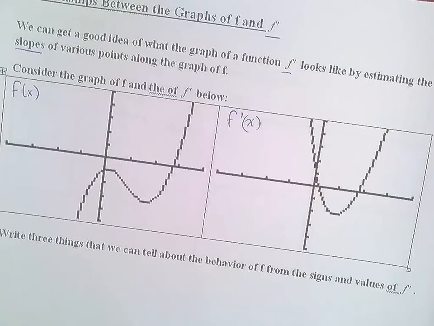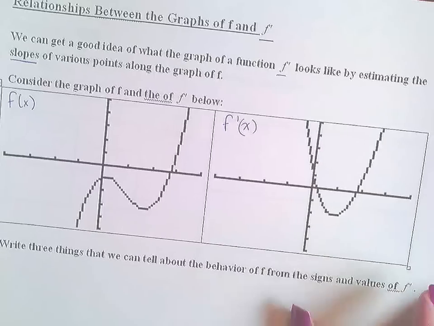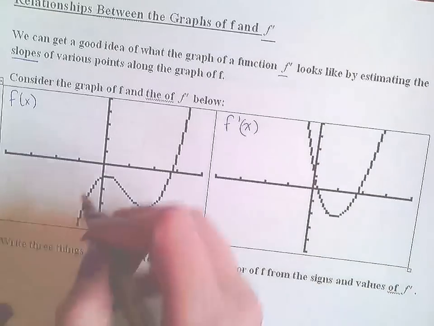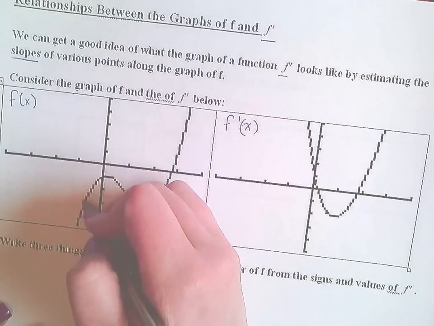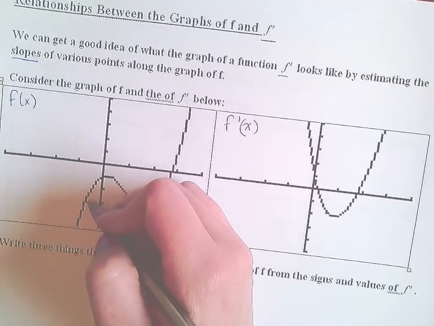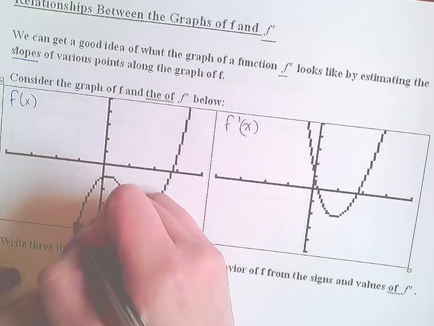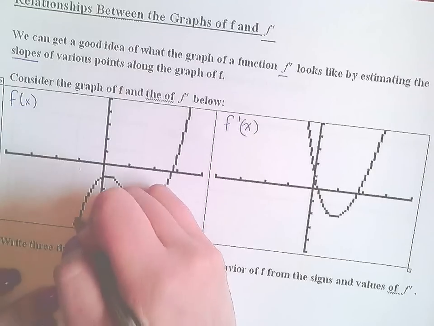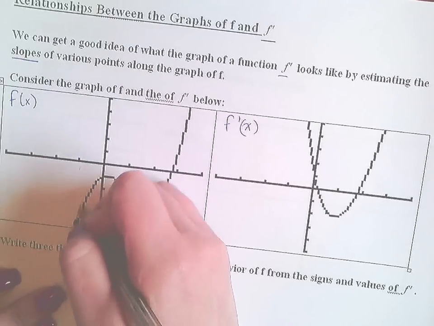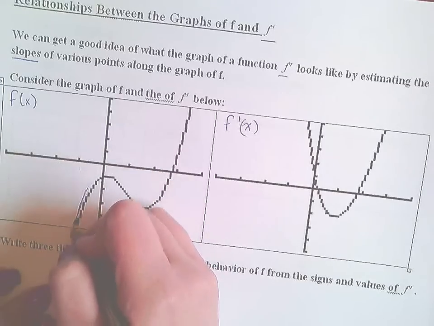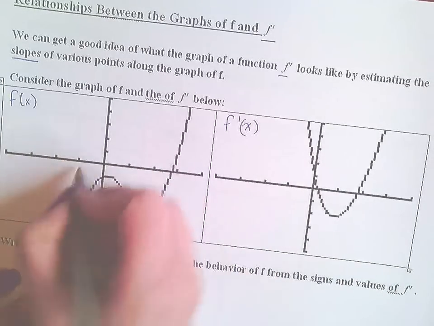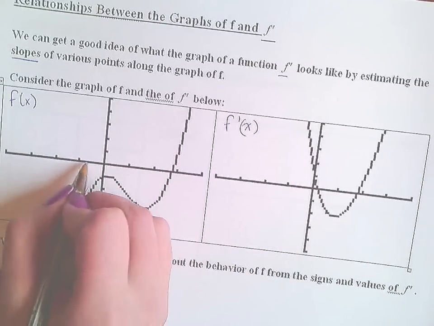And let's pay attention to what's happening. So if I was to estimate the slopes, okay? So right now, if I look at this graph, what is the slope at this point right here? If I was to estimate it, draw my tangent line, right? And it's going to be kind of hard, but just bear with me.